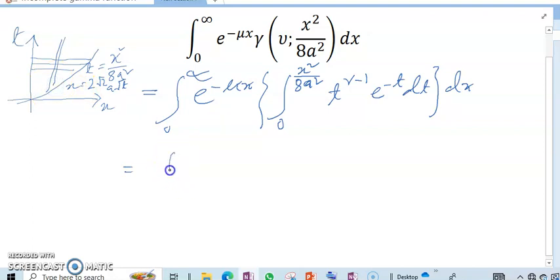So I just change the limits of the integration.